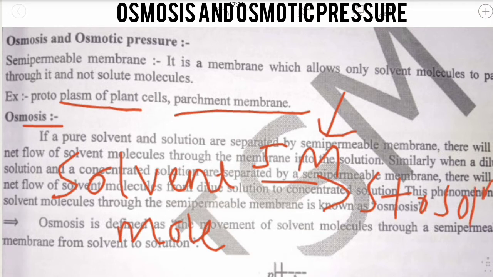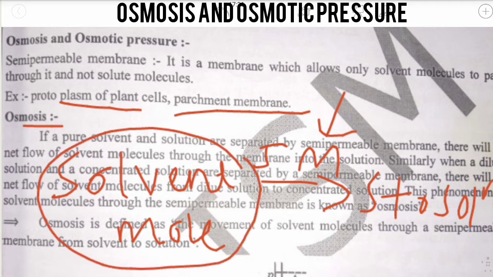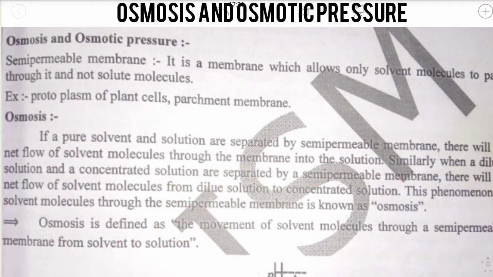What is osmosis? Osmosis is the movement of solvent molecules through the semi-permeable membrane from solvent to solution. Such a process is called osmosis.